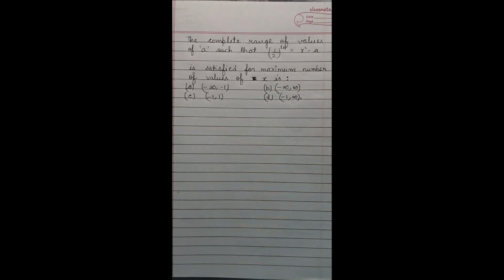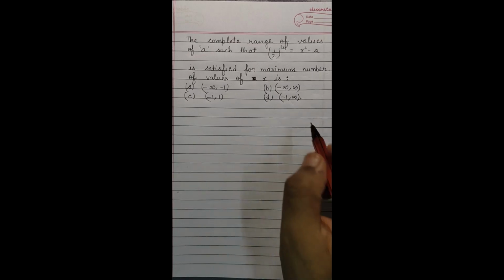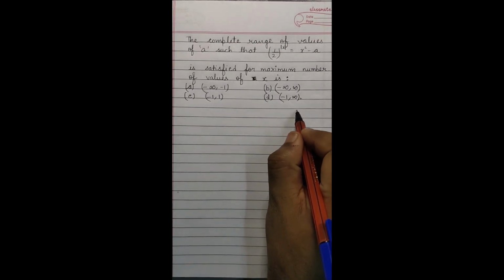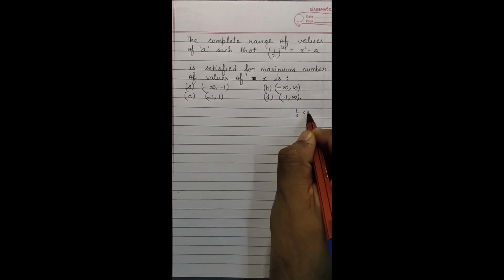Now for 1 by 2 to the power mod x, in this question I will draw graphs. First I need to know the graph for 1 by 2 to the power x. Before that, let us see that 1 by 2 is a quantity less than 1.